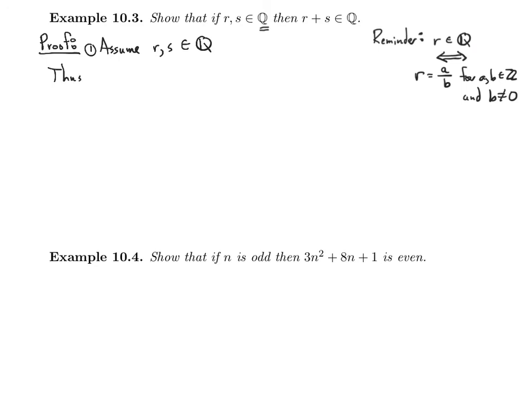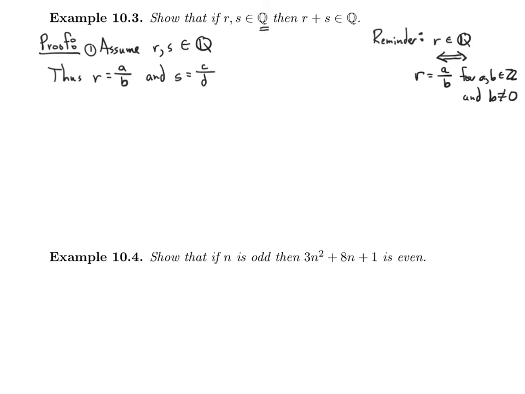That means that r is going to be a over b for some integers where b can't be 0. And s is a different rational number, so it's going to be described with different variables, c over d, say.